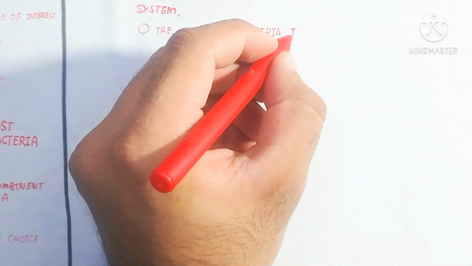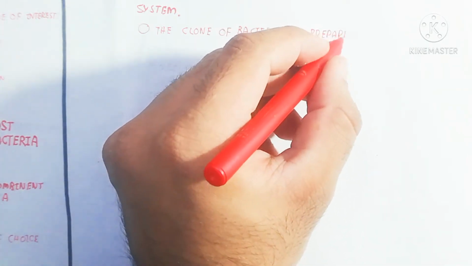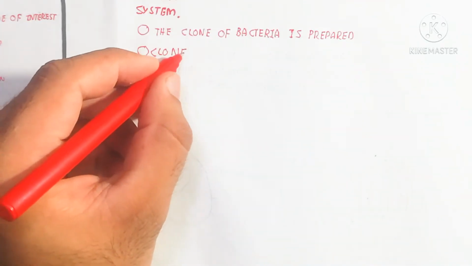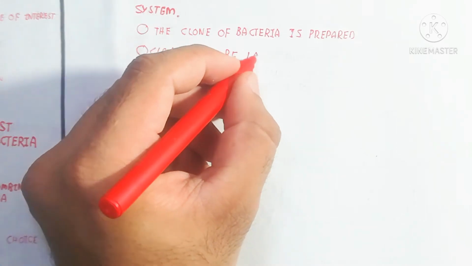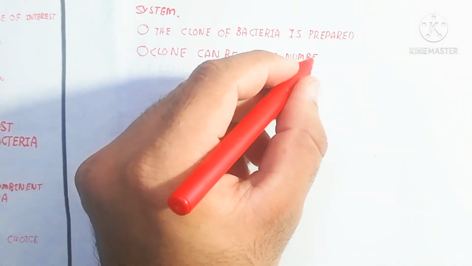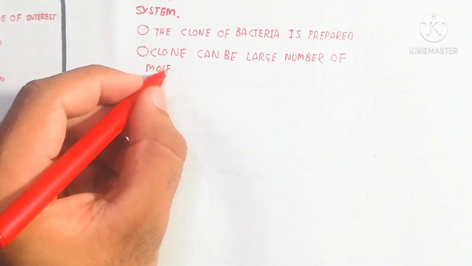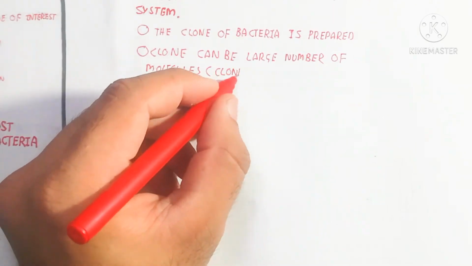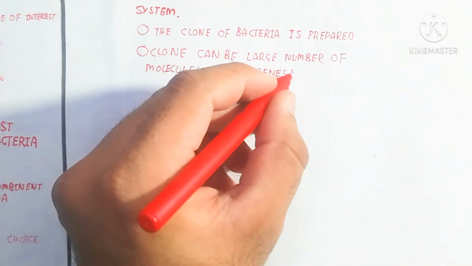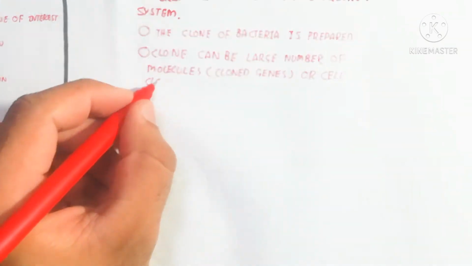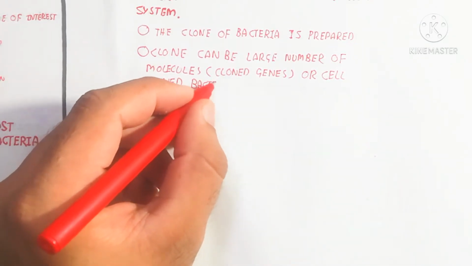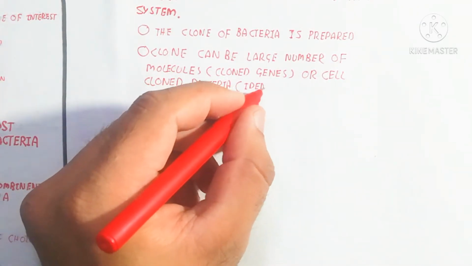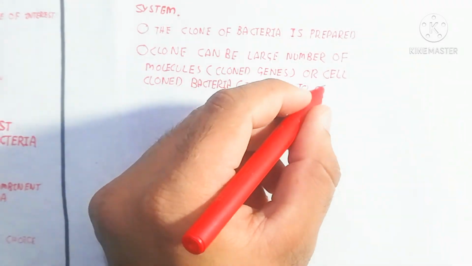For example, we are checking what the gene is and what will be produced from it. If we identify that gene, for example an insulin-producing gene or some growth hormone-producing gene, we take the gene from the pancreas.